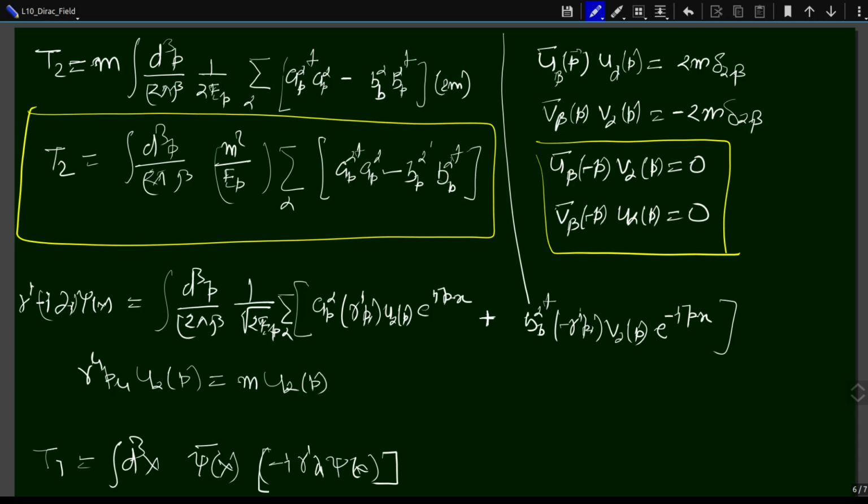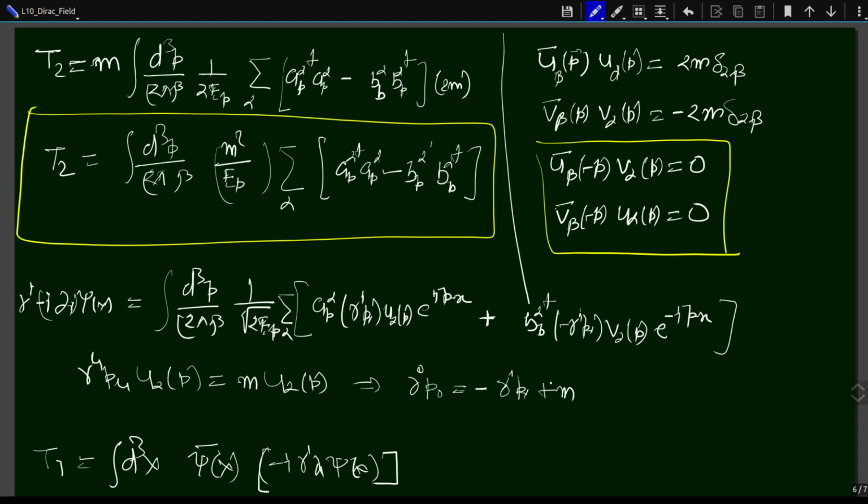Once we have this relation, I can also write gamma^0 p_0 equal to minus gamma^i p_i plus m.